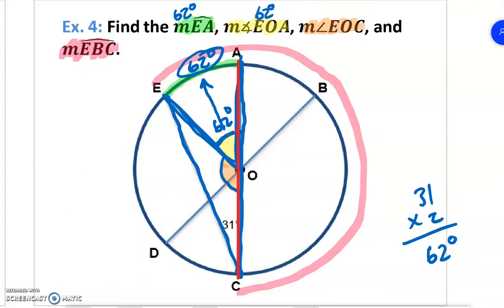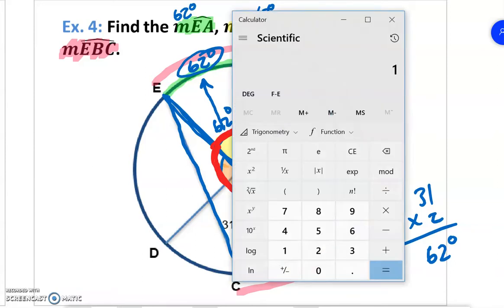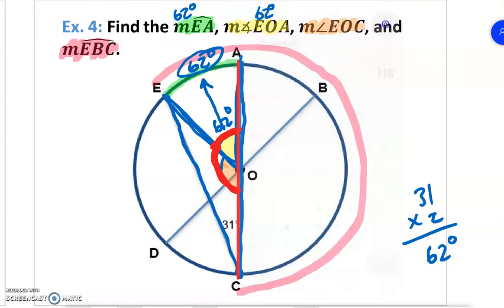So with that said, if we already know this part right here is 62 degrees, then the remaining of it is going to be 180 minus 62 degrees, right? So if I do that, 180 subtract 62 degrees, I get 118 degrees. So that tells me that this angle is 118 degrees. So I can mark that, 118 degrees.